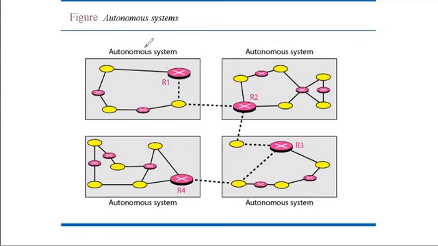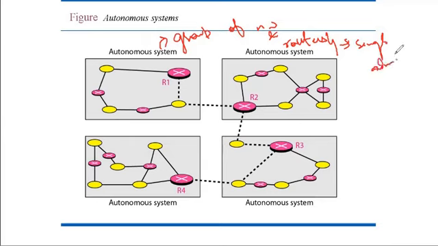Now, what is an autonomous system? It is a group of networks and routers under the authority of a single administration.